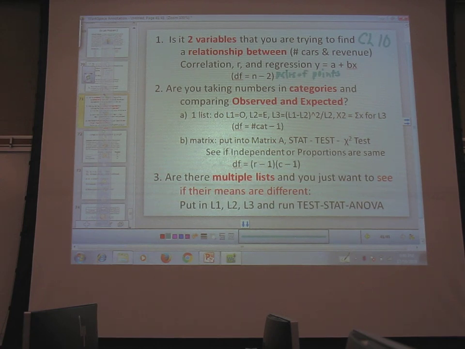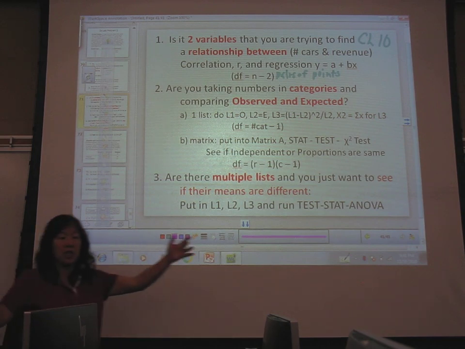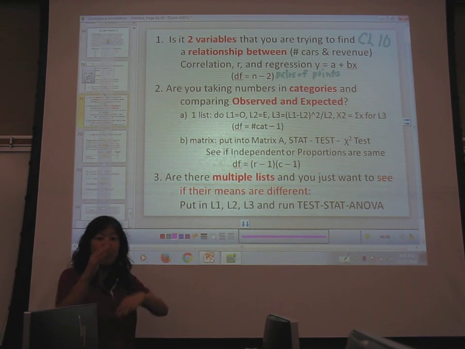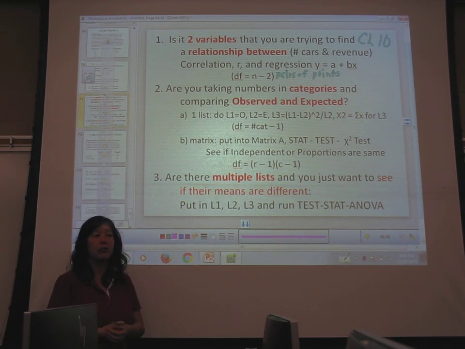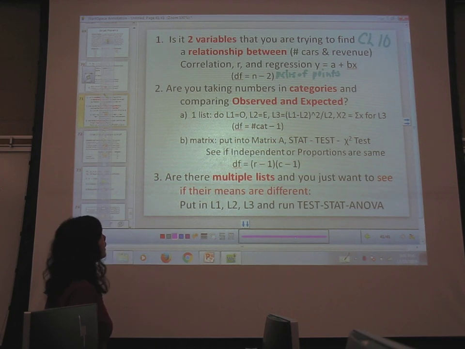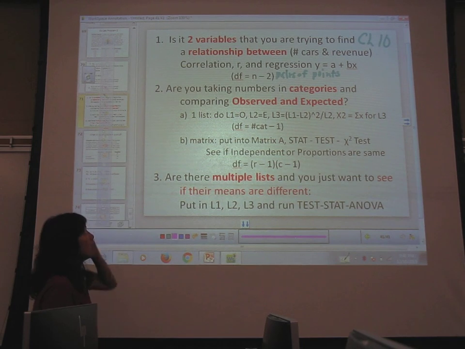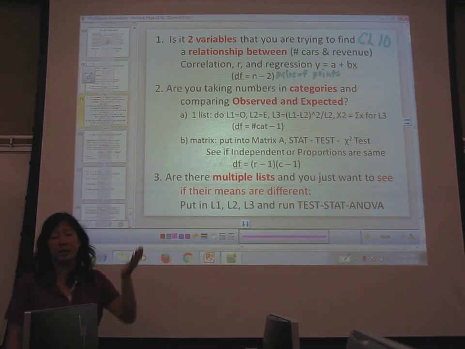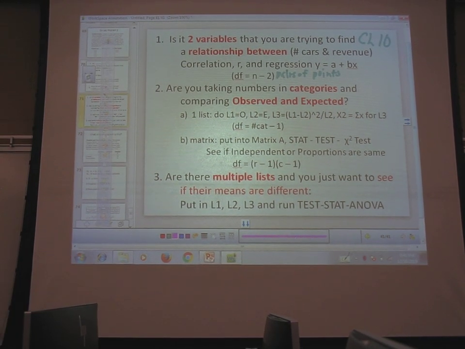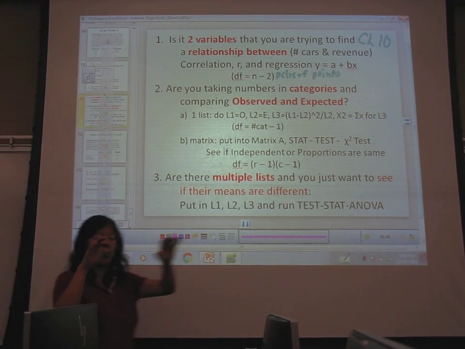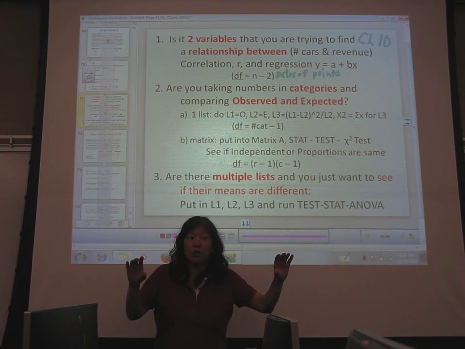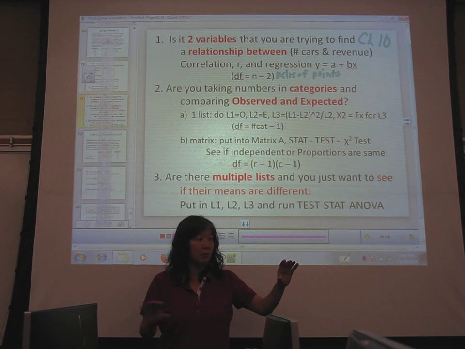The other possibility is that we have categories. Different categories of the same thing, and how many are in each category. We're talking about frequencies. We have observed and expected that we're comparing. So it'll be a bunch of categories and just a line of observeds, and you have to figure out the expecteds.